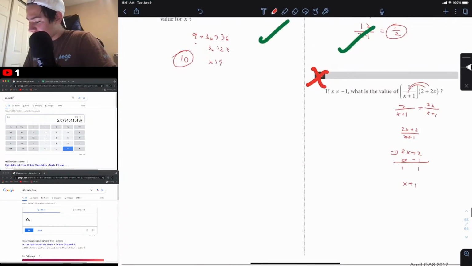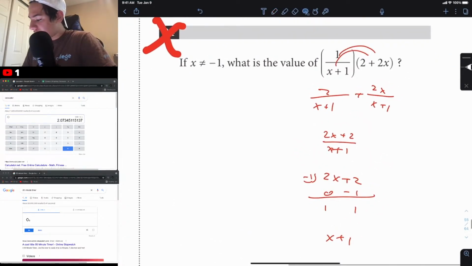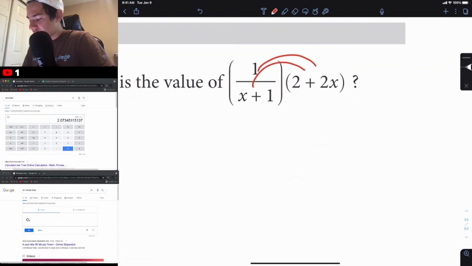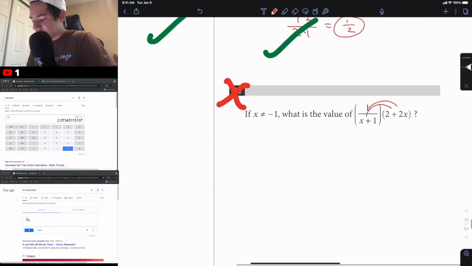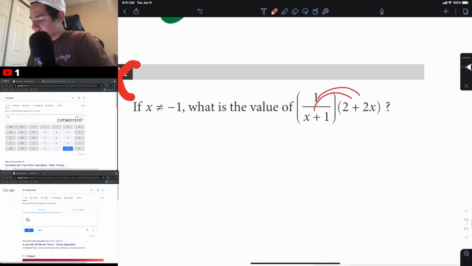And then this one they said is 2. Honestly, I'm not sure. Maybe I just was being stupid, but I don't know why it's saying it's 2. So if x does not equal -1, what is the value of all this? X does not equal -1.